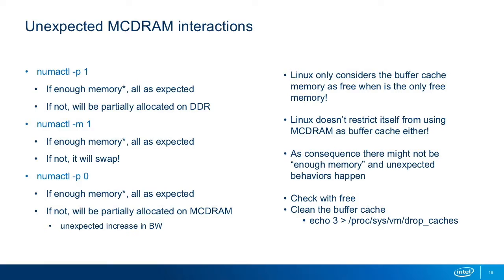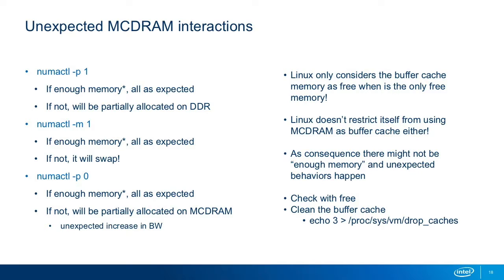But when the memory exceeds the MCDRAM, my colleague has written it will swap, but I would rather guess that it will crash if you exceed the MCDRAM. So you should really try to avoid this.